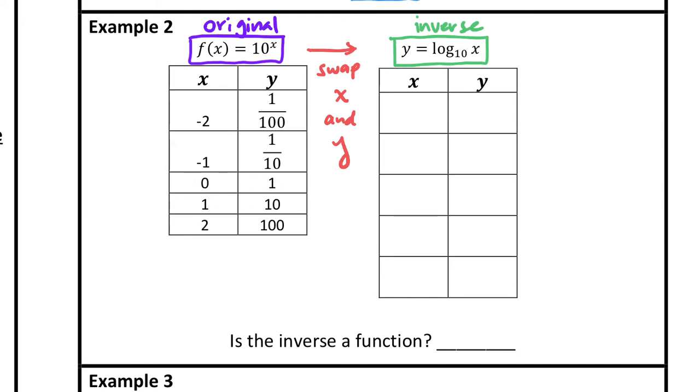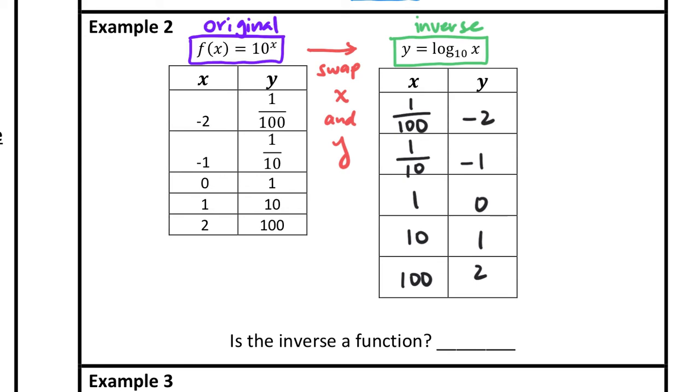So 1 over 100, 1 over 10, 1, 10, 100, and then the y's: -2, -1, 0, 1, 2. We're just switching all the x's and the y's to create this new table.